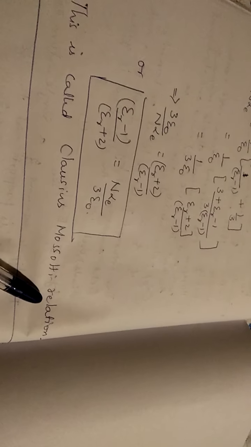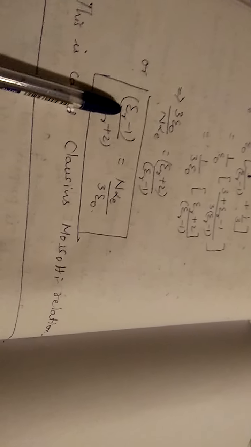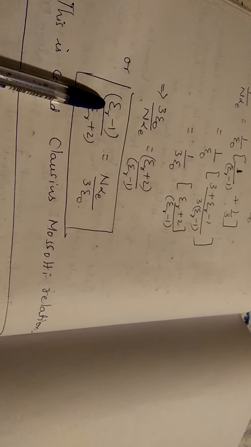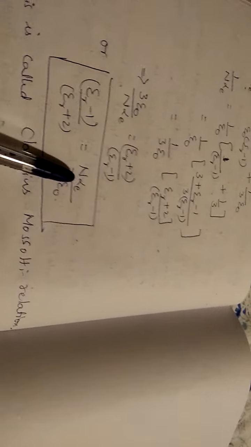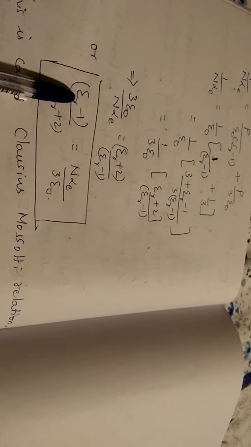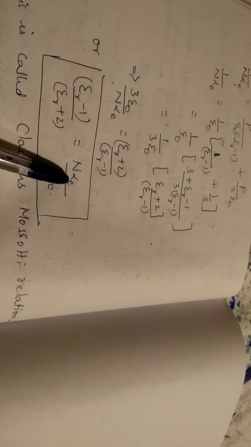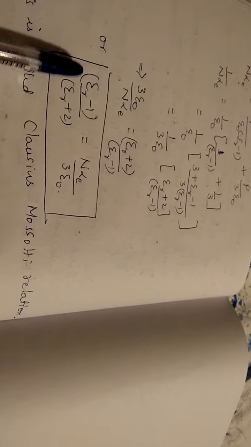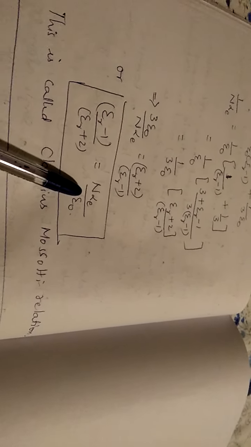This is known as the Clausius-Mosotti relation or equation. Here epsilon r is the dielectric constant of the dielectric material, and alpha E is the electronic polarizability. So this is a macroscopic quantity and this is a microscopic quantity, so this gives the relation between macroscopic and microscopic quantities of the material.